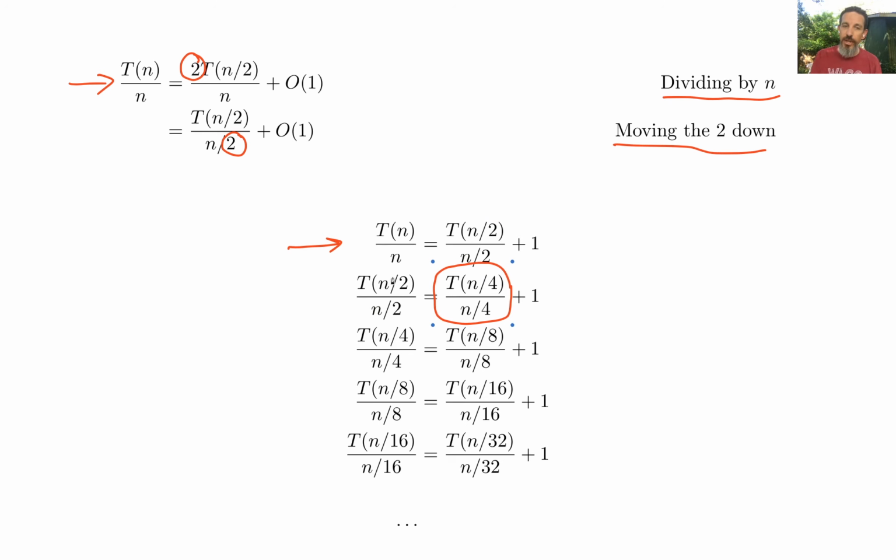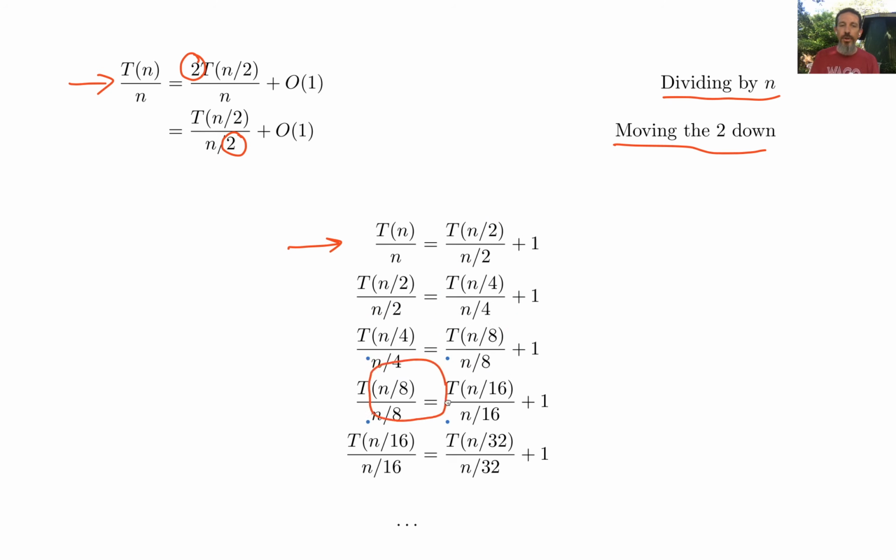We would get the answer to this, which we could plug in and get the answer for T(n). But we don't. But we could take this right here and use it to define T(n/4)/(n/4), which is T(n/8)/(n/8) plus 1, right? Don't forget that plus 1. It's important. And so on.